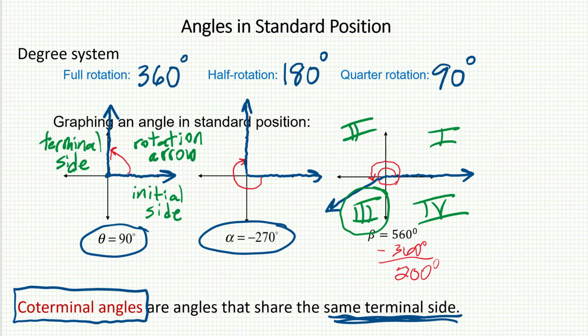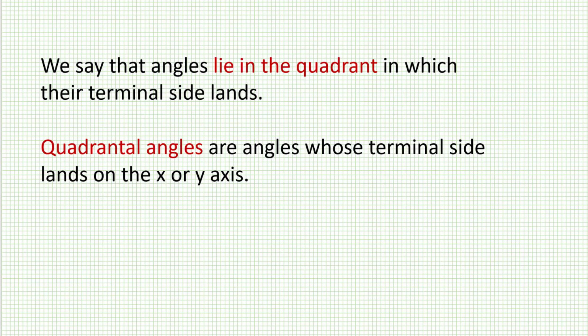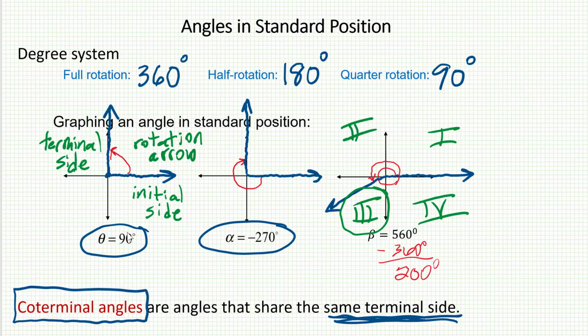What about our first two examples? Those terminal sides didn't land in any quadrant. Well, in that case, those angles are called quadrantal angles, angles whose terminal side lands on either the x or the y axis. 90 degrees and negative 270 degrees are both quadrantal angles.